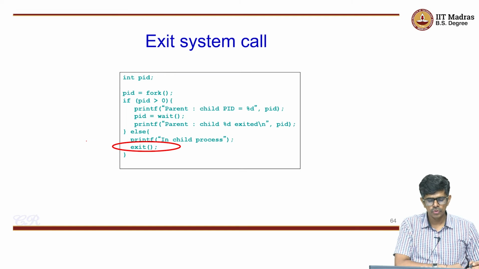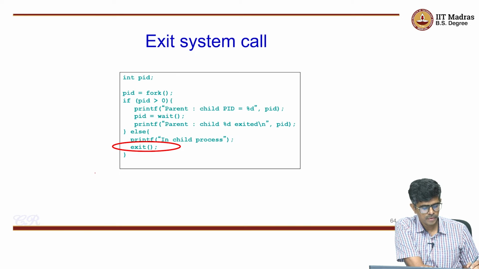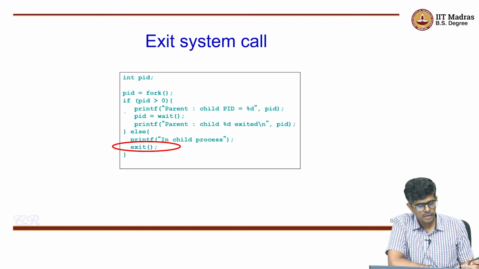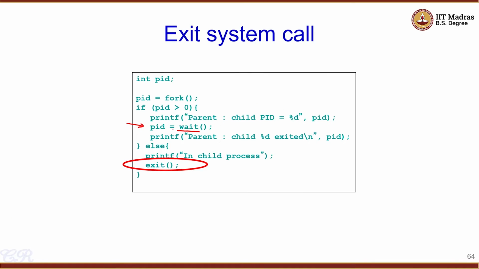Okay. So, we will now look at the exit and the wait system call. Recollect that the wait system call in this example is called by the parent process, and it puts the parent process in the sleeping state, essentially the block state, and the parent would continue to remain in this sleeping state until the child process exits.